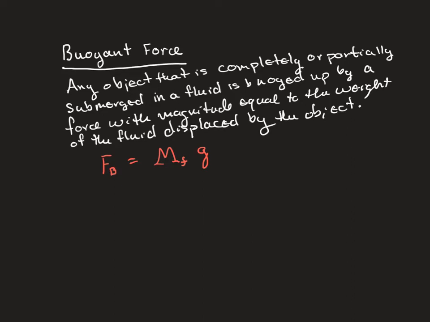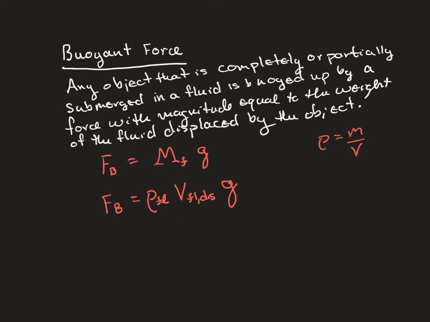And as I said before, the difference is the density and thus the mass. So instead of putting this in terms of mass, we're going to put this in terms of density. So we're going to replace the mass using density equals mass divided by volume with density of the fluid times volume of the fluid displaced, and then we still have g.